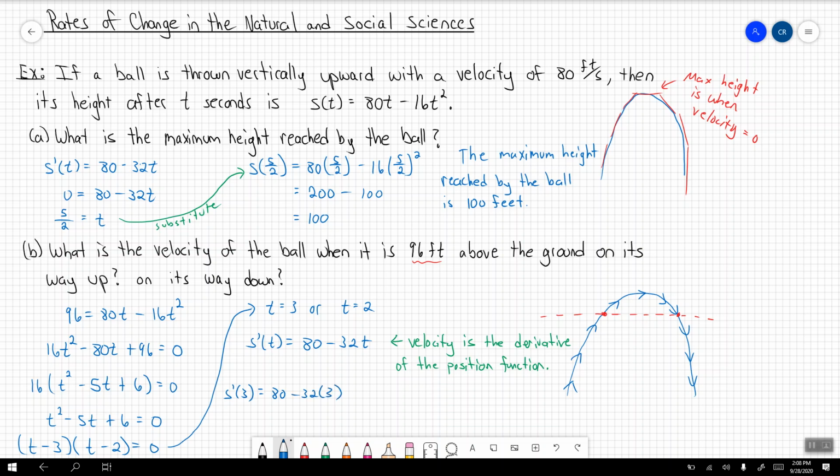And when you do 80 minus 32 times 3, you should get negative 16. So s prime at 3 is negative 16. All right, that's great. Now we're going to look at the other one. S prime at 2.